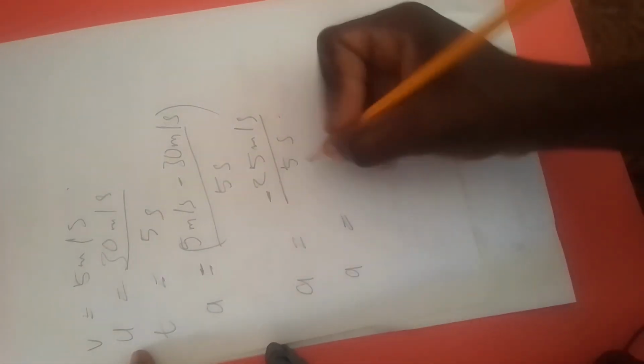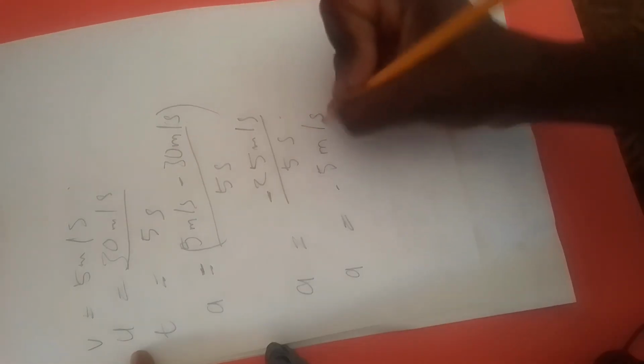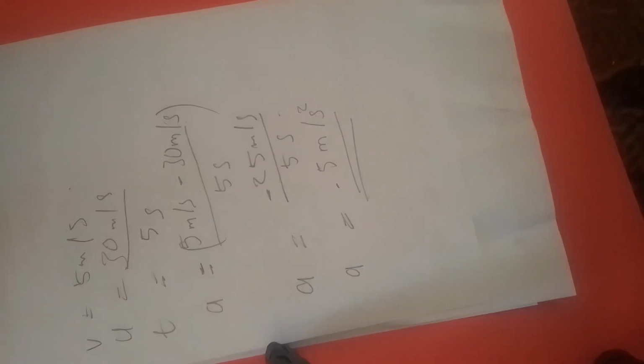So 5 into negative 25, we're saying A is equal to negative 5 meters per square second. This is the acceleration. Whenever acceleration has a negative sign, it means the body was dropping in speed. It was decelerating.